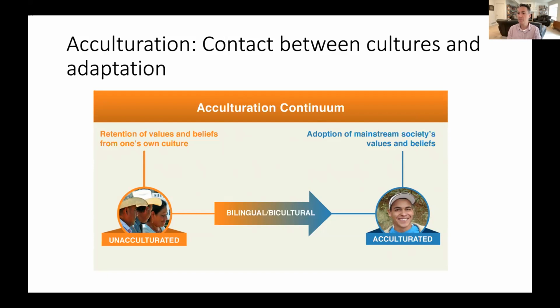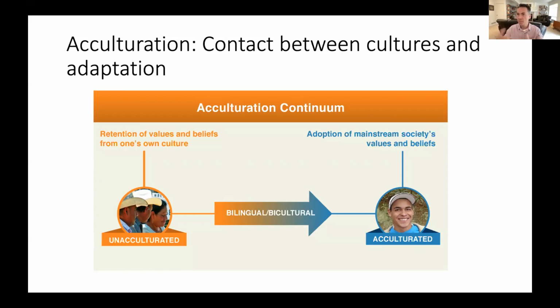But how does that play into patient care? When we're meeting with people from different countries and cultures, we have to consider where they are on their acculturation continuum. Are they saying, I'm going to retain my own values and beliefs, or, I've shed all of those and now I'm going to accept this new identity and new culture? Does that make sense?